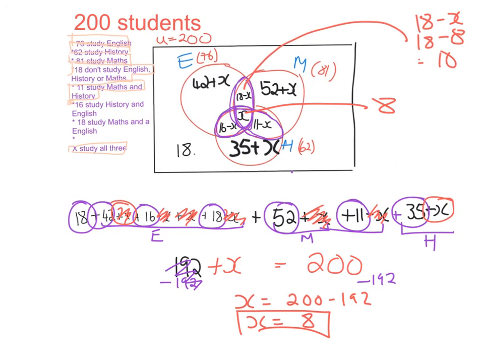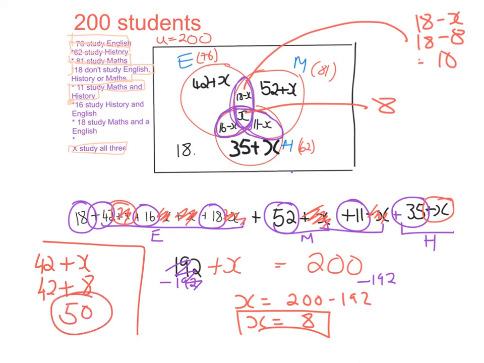The question, if we go back to it, said how many liked English only. So English only is represented by these people here, which is 42 plus x. I now know x is 8, which means 50 people liked English only.